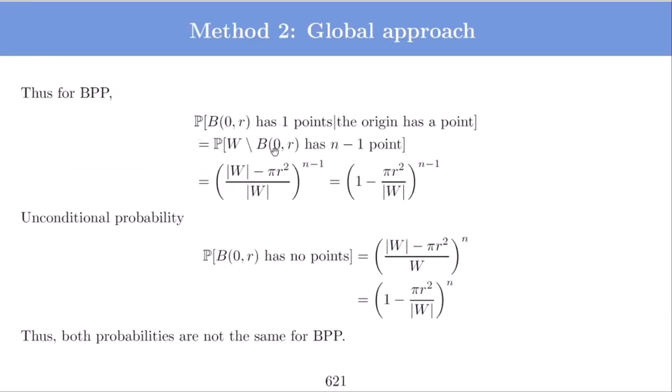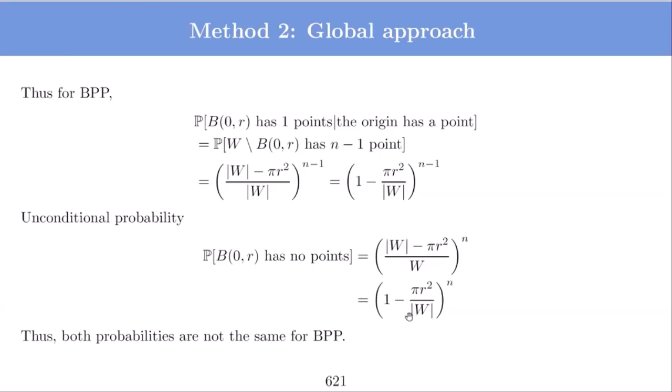So the probability that there is no other point, or that the nearest neighbor is more than r distance away, is given by this value. If you look at the unconditional probability that the ball B(0, r) has no point, that is given by all the points being outside this ball, so that will be (A by W) to the power n.